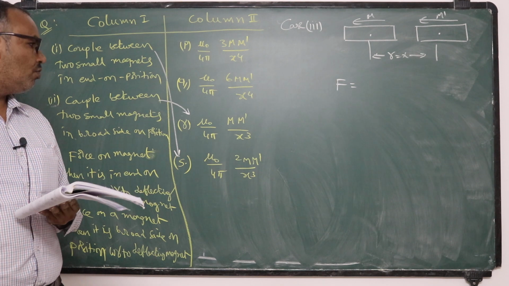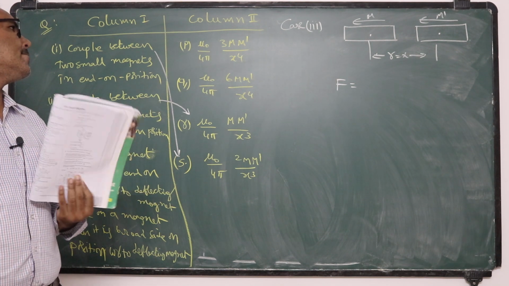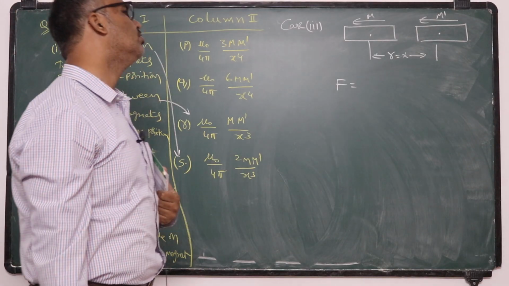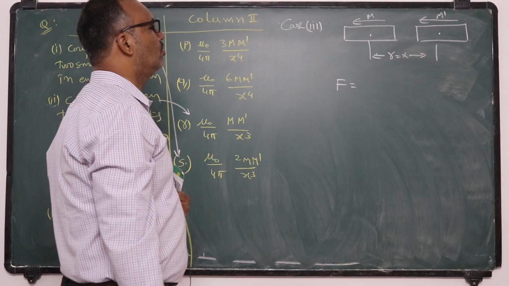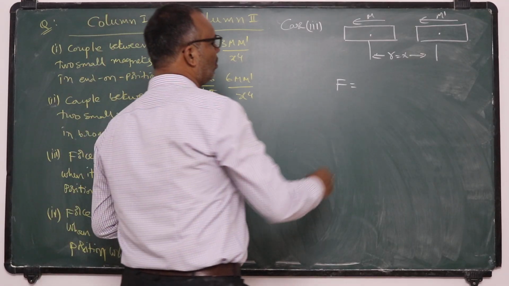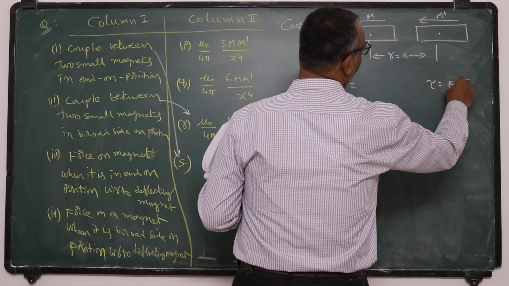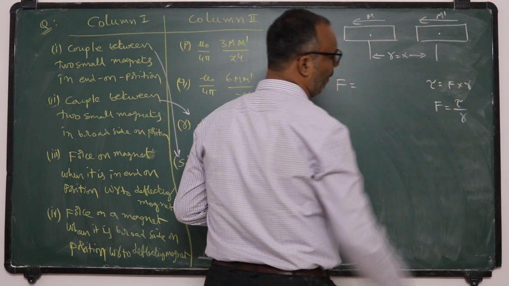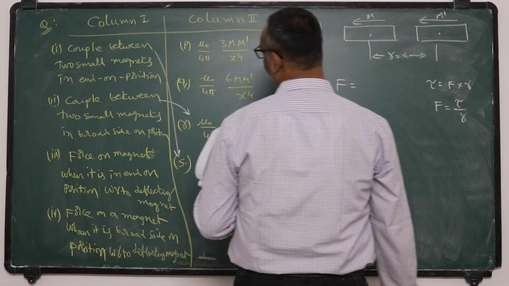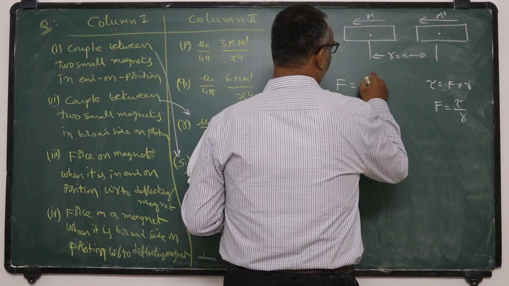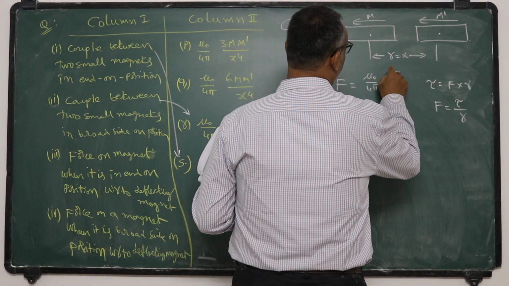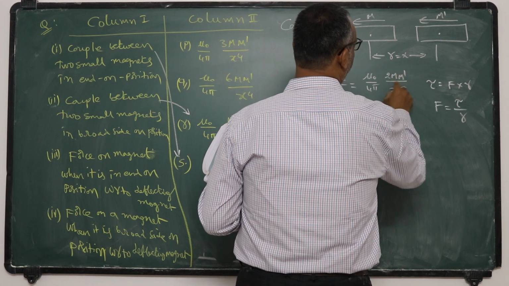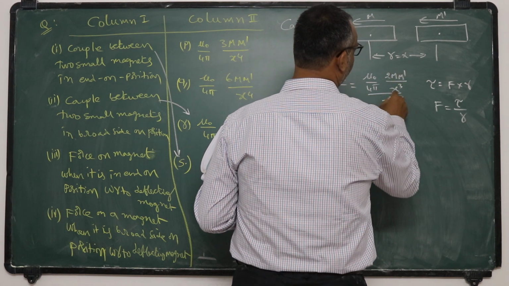How to calculate the force? We know that the torque is equal to force into perpendicular distance. So force means torque by distance you can take. Already we calculated torque in the first case, that is mu naught by 4 pi into 2 mm dash by x cube, by x.